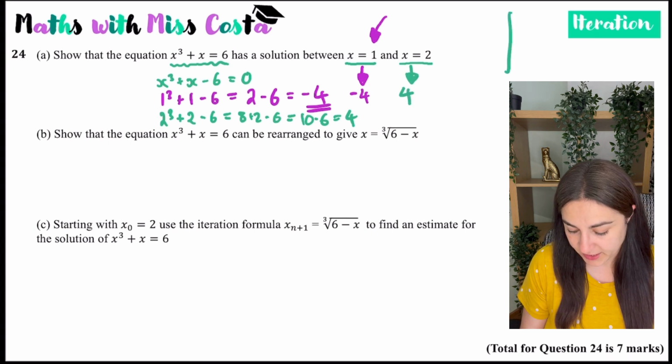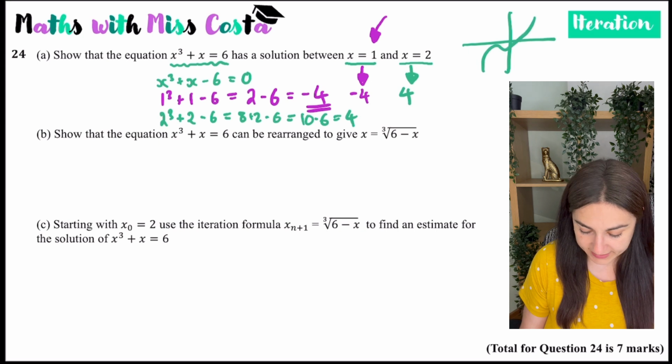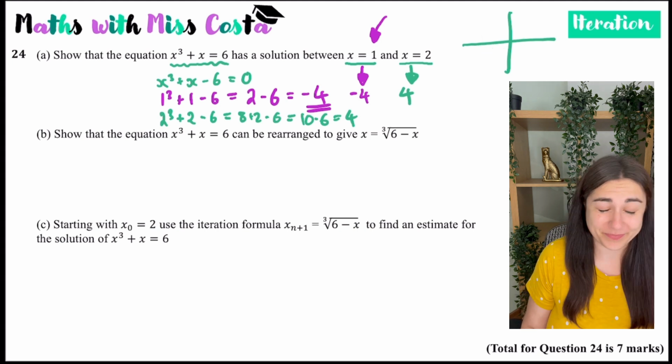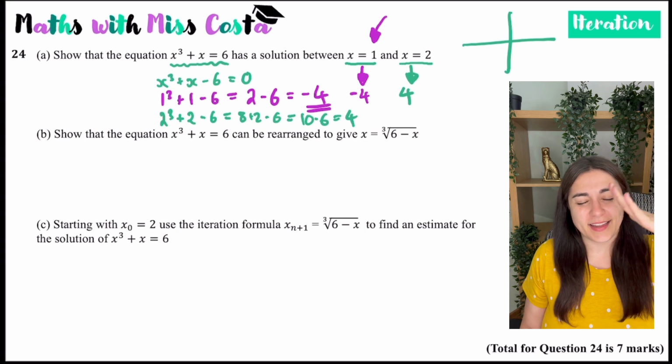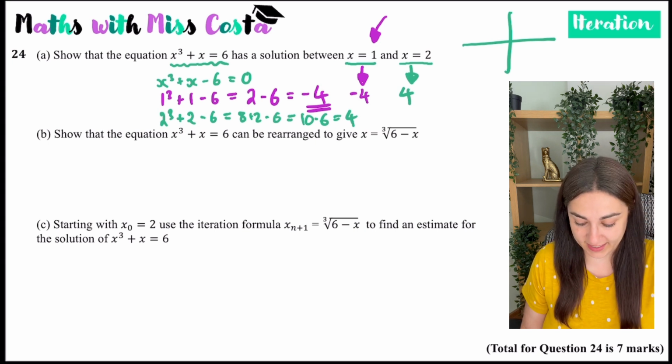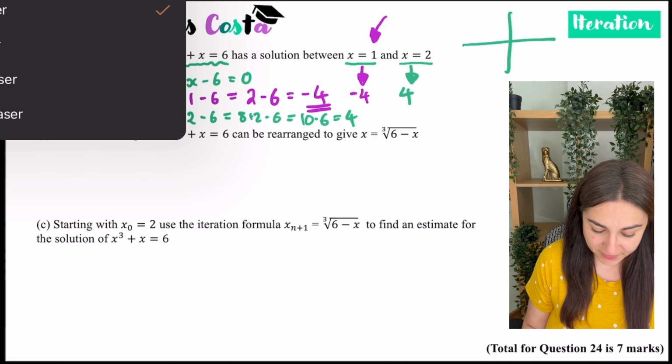And what that essentially means is wherever your cubic graph is, the solution is going to be between minus 4 and 4. So when x, sorry, I'm very tired. Essentially, you are saying that if there's a change in sign, so if it goes from a negative to a positive, it means that it must have crossed the x-axis. So that is all you are saying.